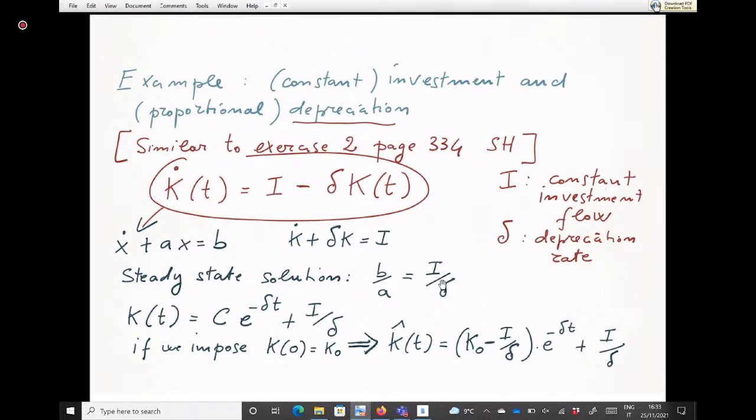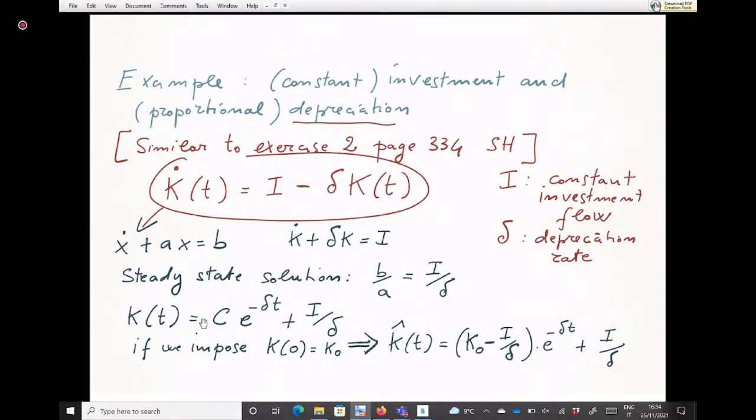So basically, assuming that the economy reaches an equilibrium in terms of the level of the capital stock, the steady state level will be larger the larger is the investment flow, okay? And the smaller the depreciation rate, the larger will be the steady state level of the capital stock, which makes sense, okay? Capital I divided by delta, the depreciation rate.